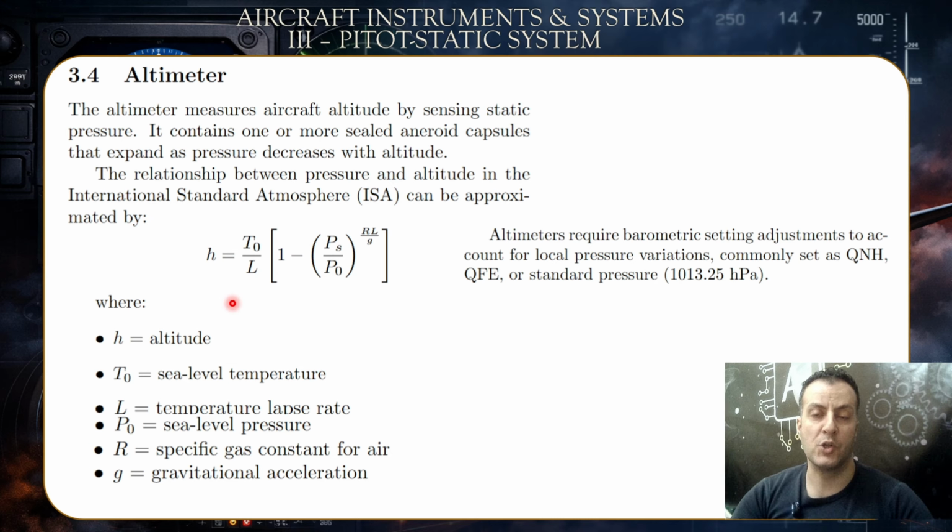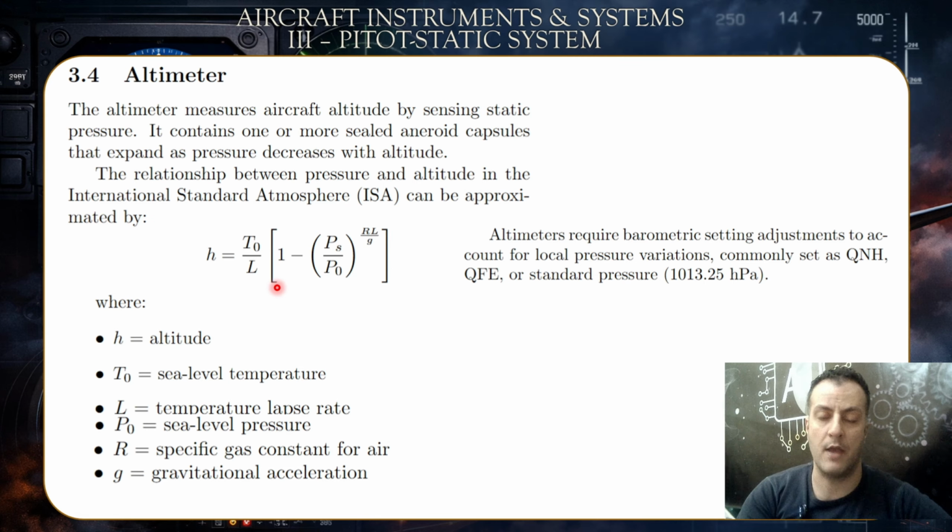So H, which is the altitude of the aircraft, is given by T0, or sea level temperature, divided by L. L is the temperature lapse rate, in other words how much the temperature changes per unit altitude. To make it simpler, how many degrees it changes per kilometer.